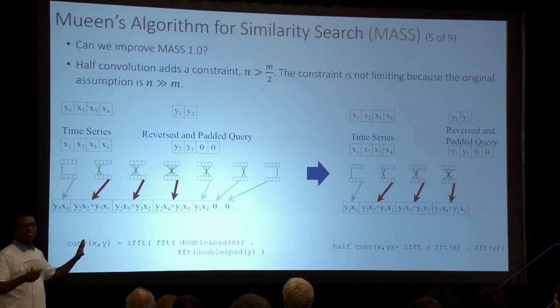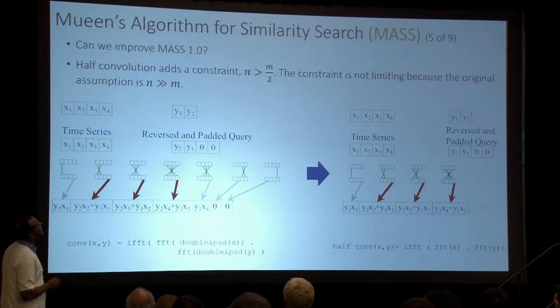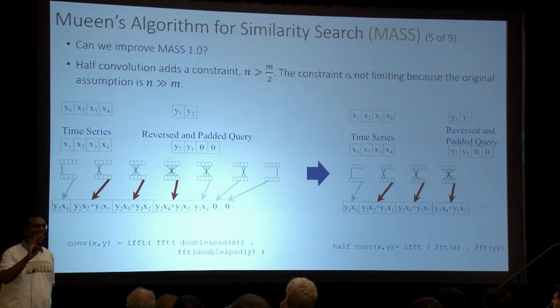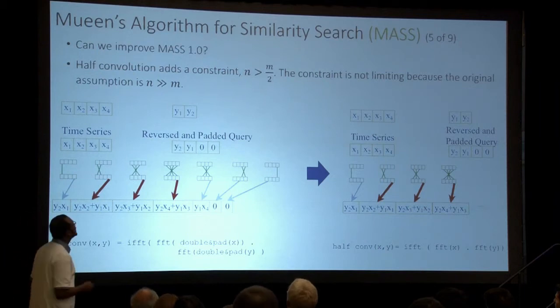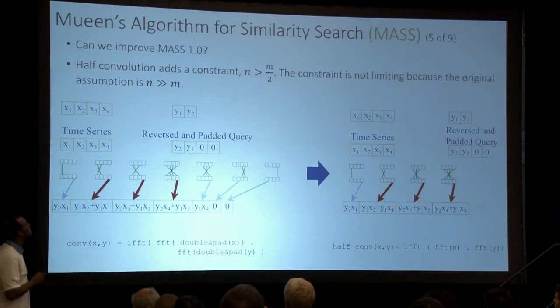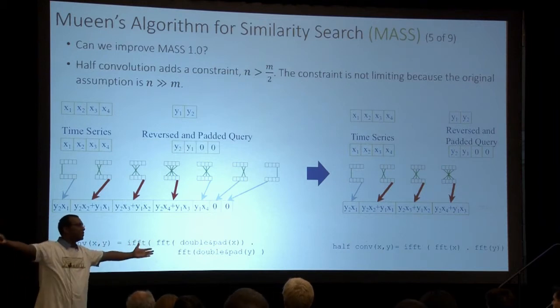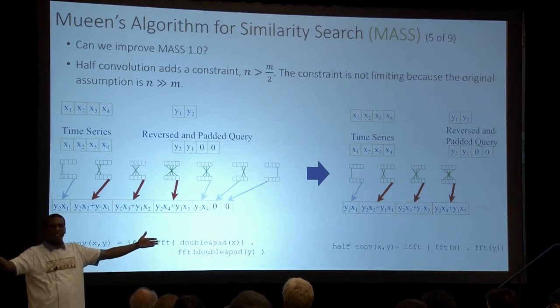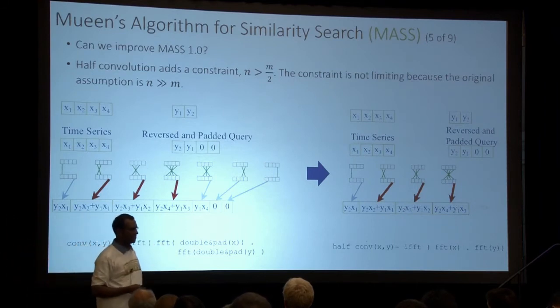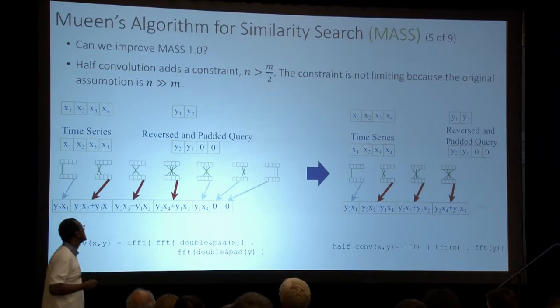I'm confusing myself, but let me restate. N over 2 should be larger than m. Okay, so that's the idea. N over 2 should be larger than m. So basically, what it means is that the query must be less than half of the original signal. If it is more than half of the signal, then you cannot do half convolution. That is the statement.